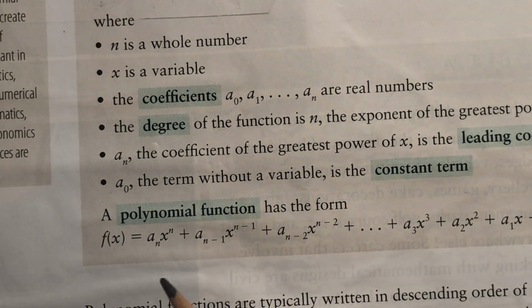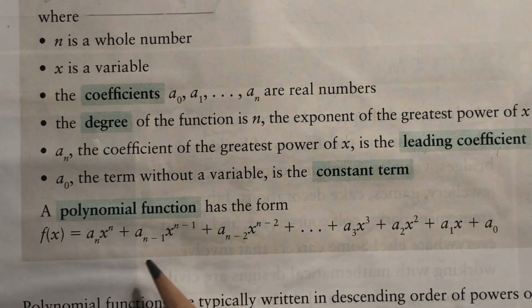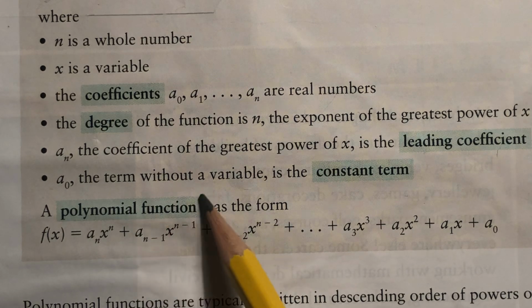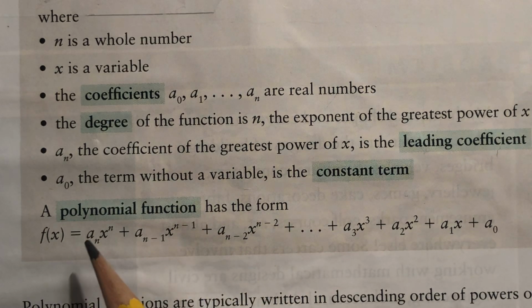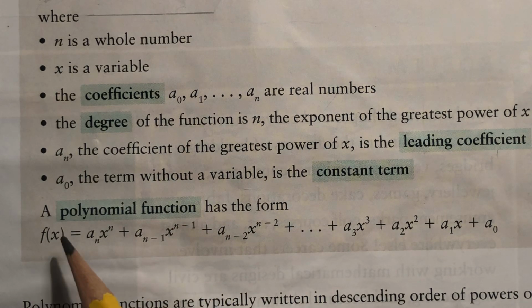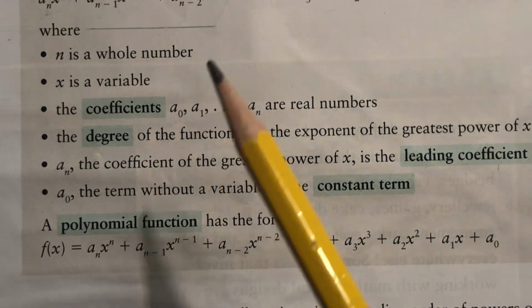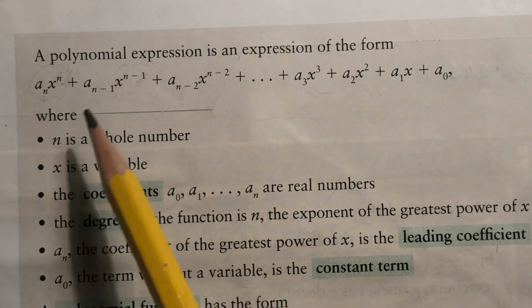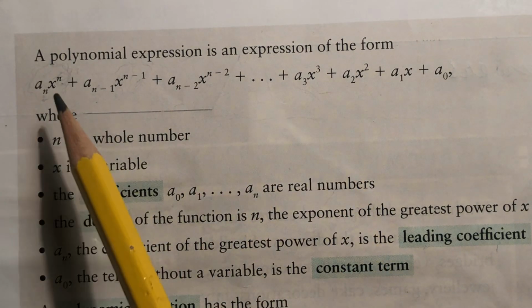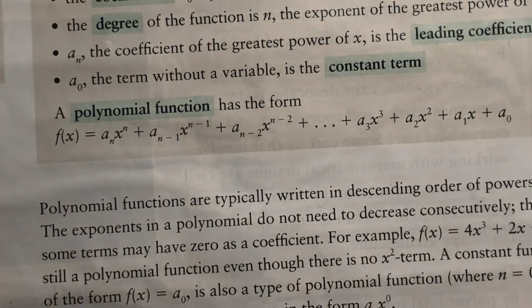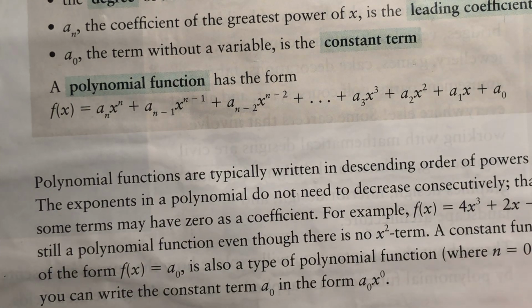Now here the book tells you the polynomial function. Now we use the word function. You see, the function has a left-hand side and also has an equal sign. Now here, the expression has no equal sign, no left-hand side. Okay, so that's the first page.